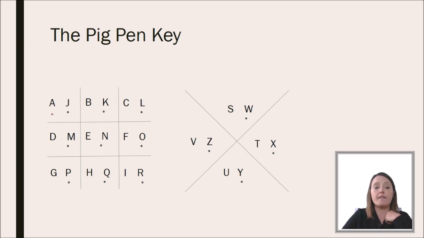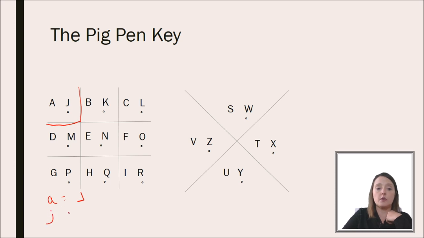Okay, so if you wanted to write a symbol that symbolized A, you would write down its position in this key. So in fact, A would become this symbol. If you wanted to write down J, for example, you still have this symbol, but J has then got the dot below it.